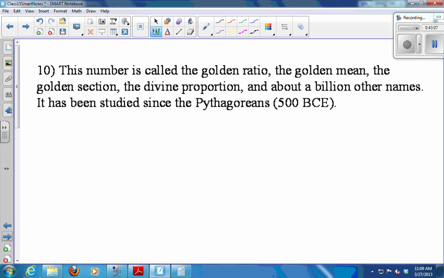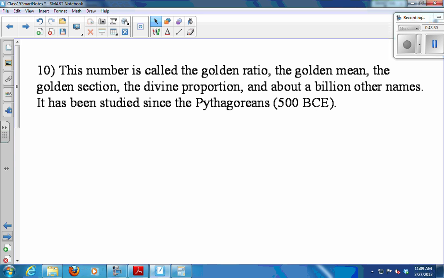So this number is called the golden ratio, the golden mean, the golden section, the divine proportion, about a billion other names. And like I said, it started being studied by the Pythagoreans, some of the ancient Greeks. The way they studied numbers and ratios of numbers was religious.